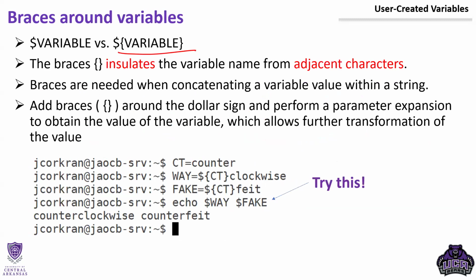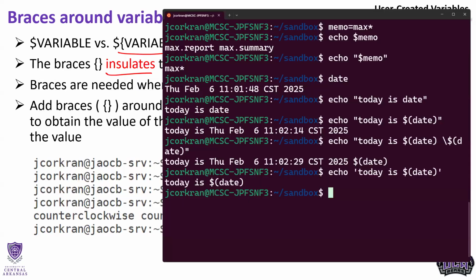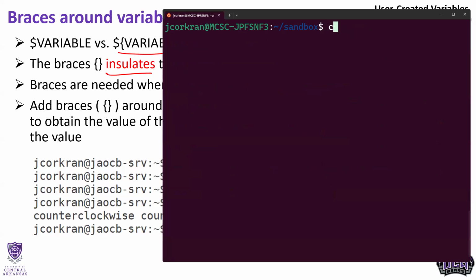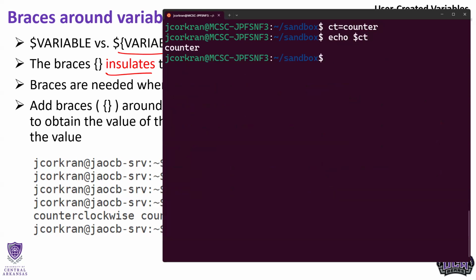All right, so now throw in the actual braces right there. And then what you're doing is creating a kind of isolation. And that becomes important. Here's an example as to why. Right here, I'm just setting up a variable called CT. I like getting in the shell and doing this stuff. So I'm going to create CT and set it equal to counter, hit enter. So if I do echo now $CT, I'm going to get counter.